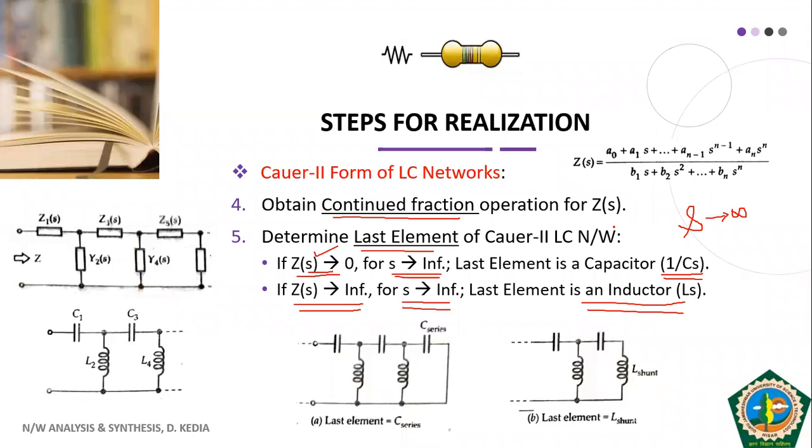So we have to make s tend to infinity and check whether Z is 0 or infinity, and accordingly we will decide whether inductor is there or capacitor is there. I hope everybody is clear of this. So the first case is for only capacitor present as last element. In the second case, we have inductor present. Now let us move to the example of Cauer 2 form.